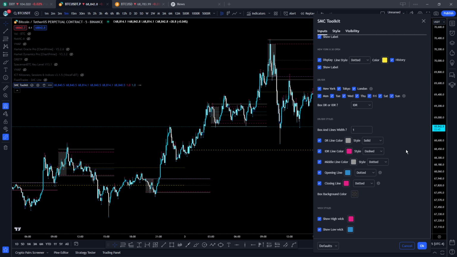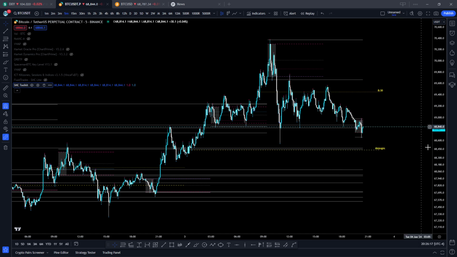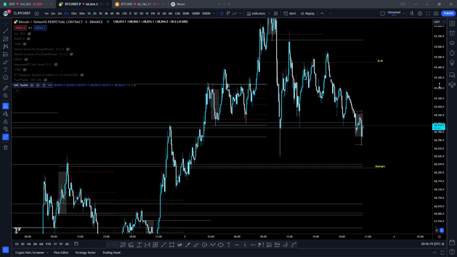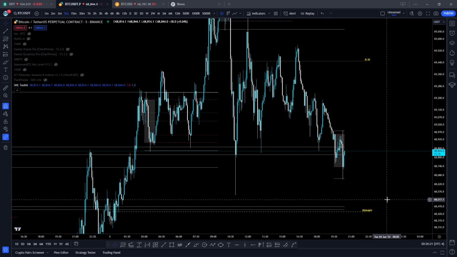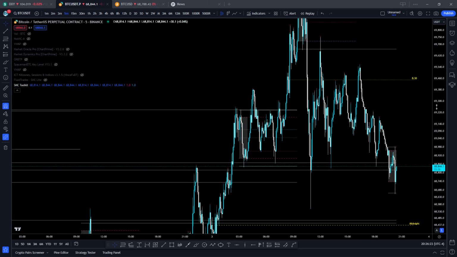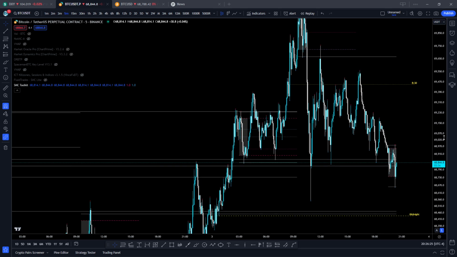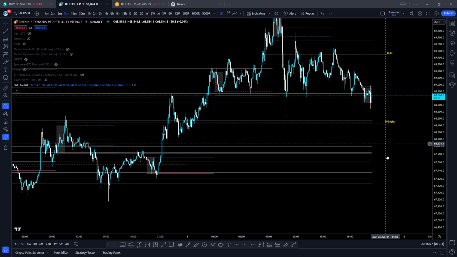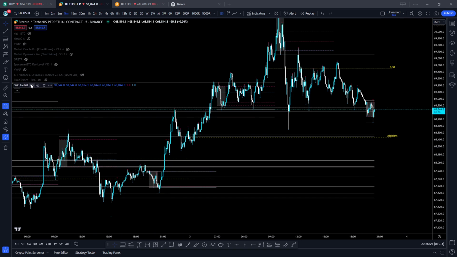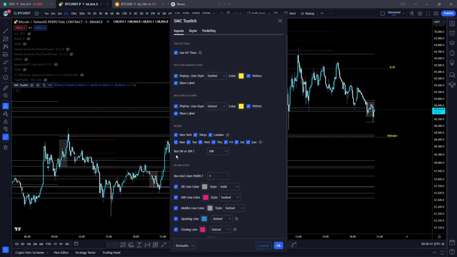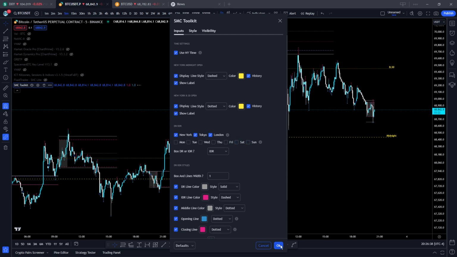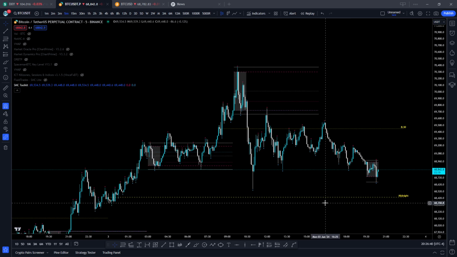You can go every single day of the week, and it'll give you the highs and lows of the dealing range for that week. Pretty cool. Now, I don't use it for any of that stuff. Just to be frank, I use it for the arrows on the candles.